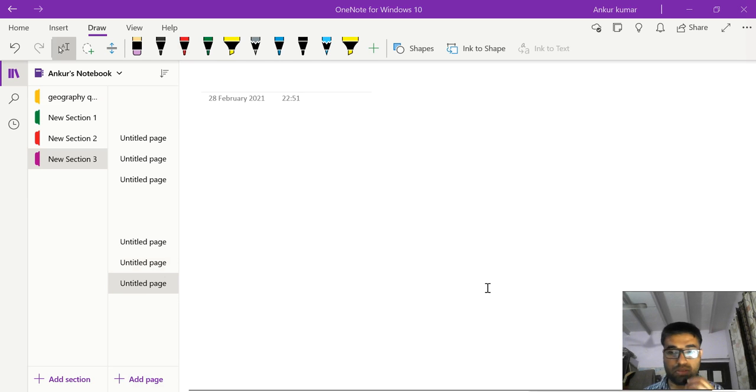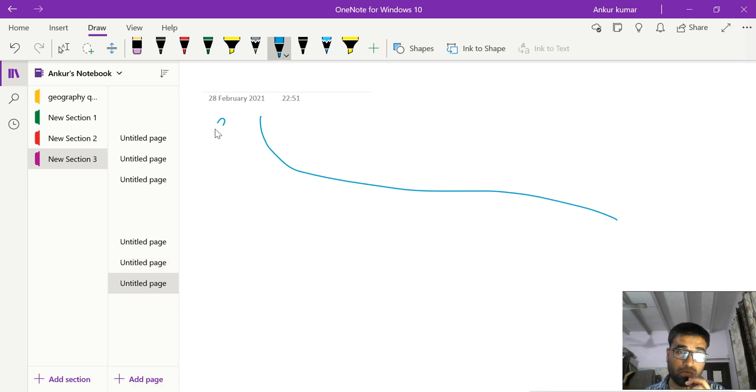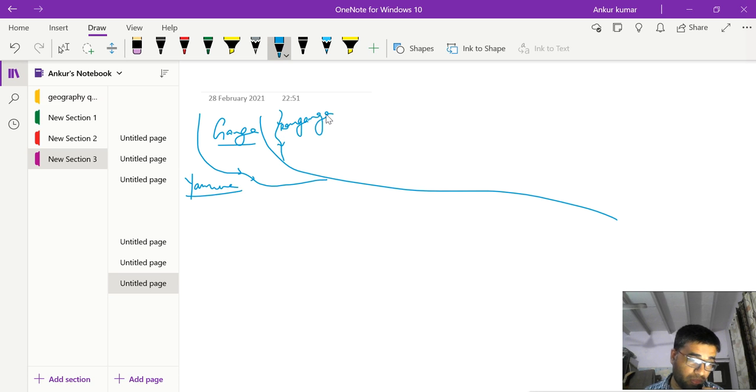So let us do the Ganga River. Okay, we have done the Indus, Yamuna. So this is Ganga River, main Ganga River. We have done the tributary of Ganga, that is the Yamuna River. Here this is the Ram Ganga River, which meets the Ganga at Kannauj.